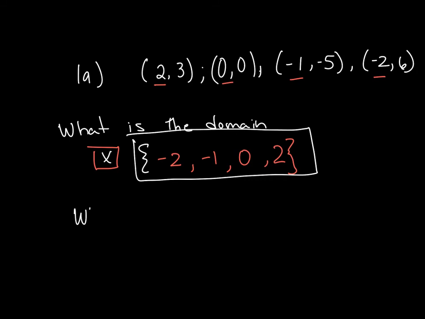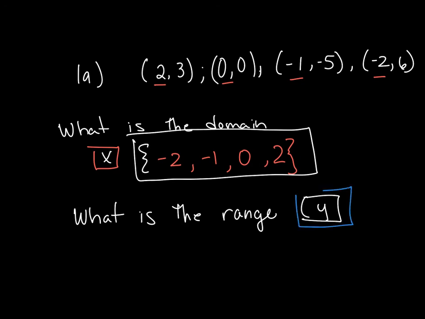If I ask what is the range, the range is just all of the y values. So the y values are 3, 0, negative 5, and 6, correct?